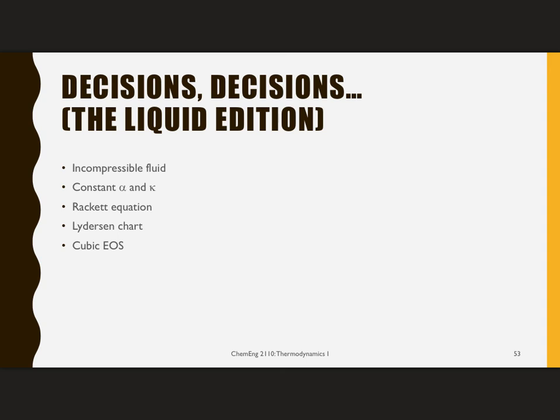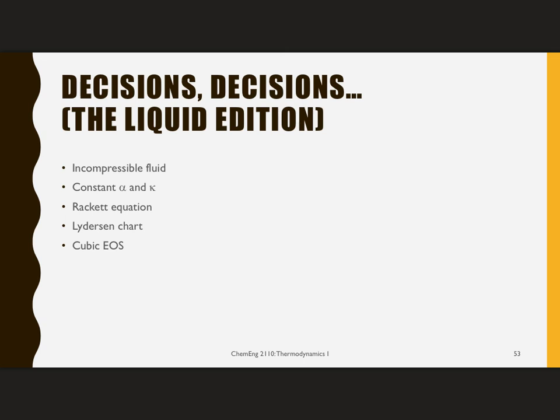For liquids, well, we haven't even discussed all of the options in here because our first option is just assume it's incompressible. And so therefore, saturated liquid properties are close enough. But when you need something that's better than that, then if you have alpha and kappa data, using those will actually get you great results. I really recommend it.